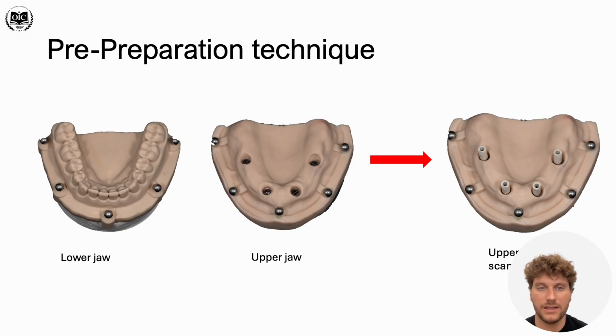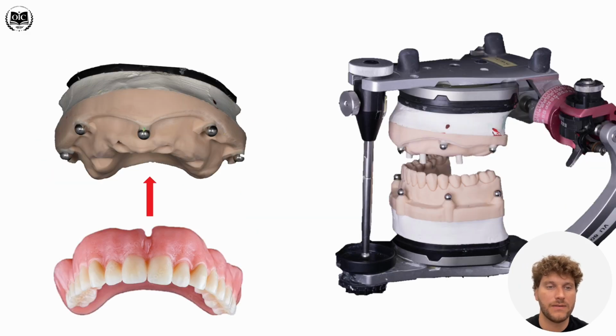Also, we did a study on the pre-preparation technique, which involves bite registration before implant placement or utilizing the removable denture as a reference point when scanning implants to transition from removable denture to the implant fixed denture.